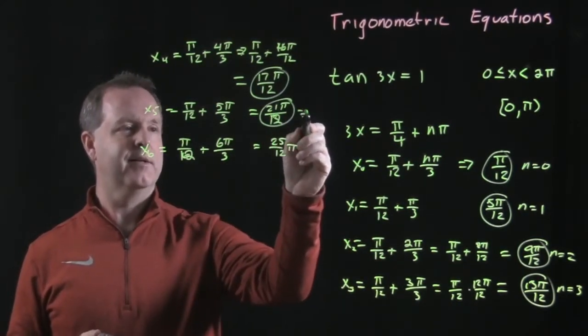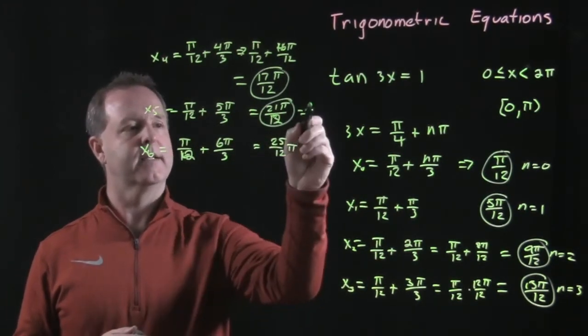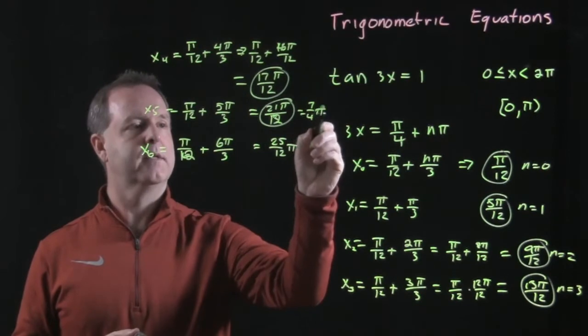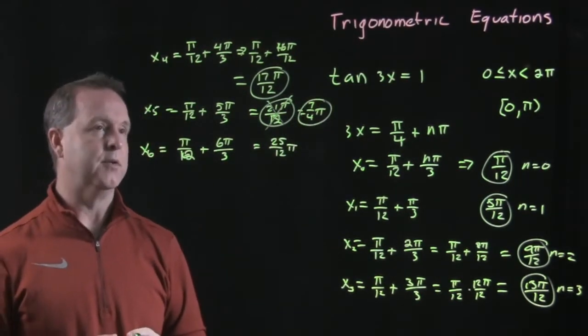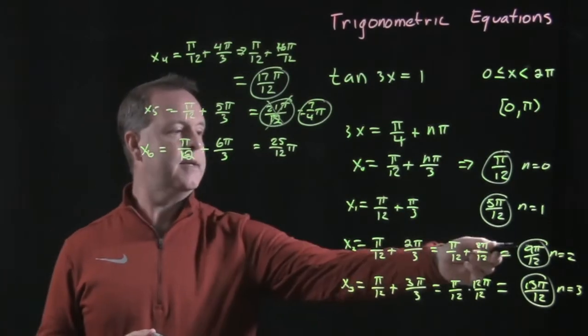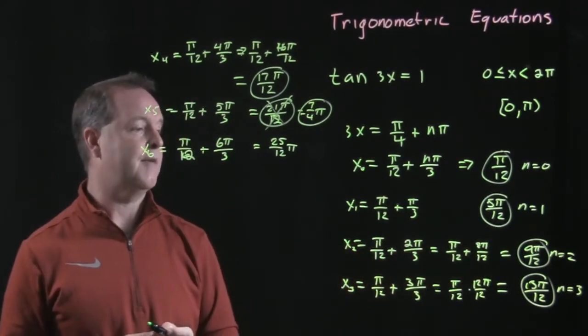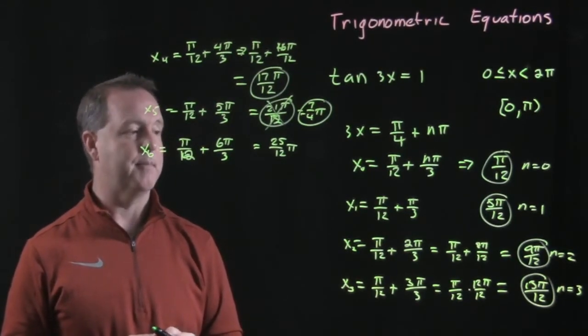There's a common factor, so divide both by 3. That's 7 pi fourths, which is probably the better solution. And I think I was able to simplify all the other ones as well. Well, 9 pi twelfths could be simplified as well, couldn't it? That could be simplified to 3 pi fourths.